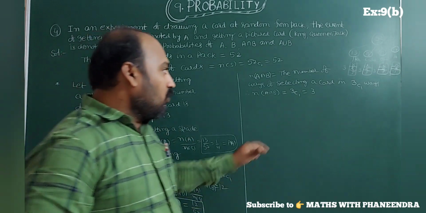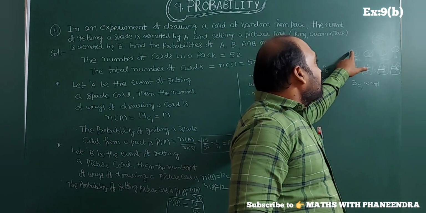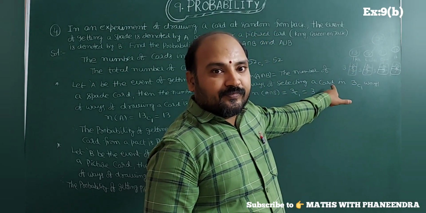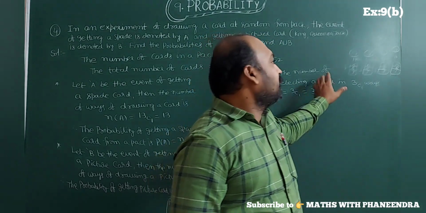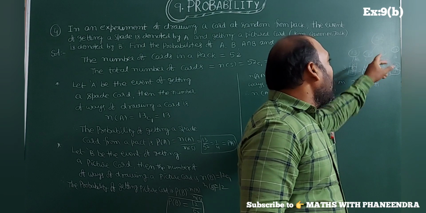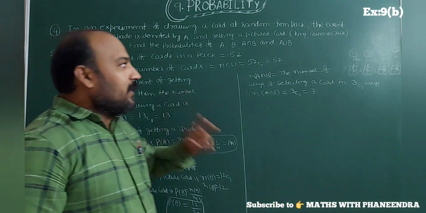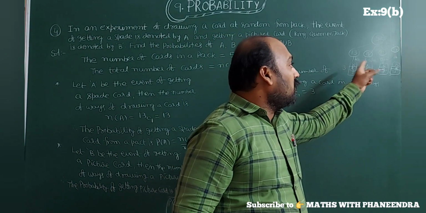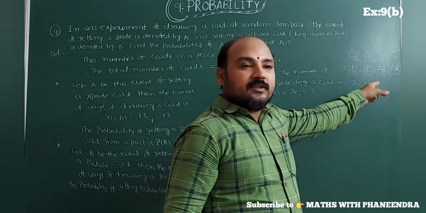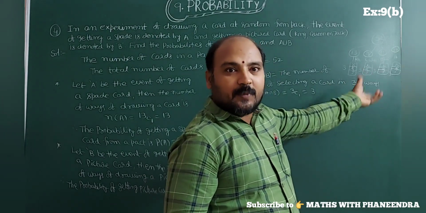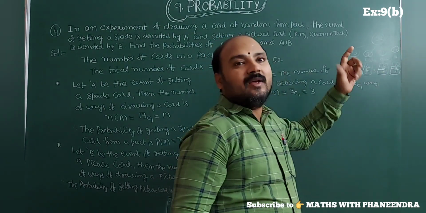Observe, dear students, how we are getting 3. In this 13, K, Q, J, 3 picture cards are there. In only B event, 12 picture cards are there. So that means 4 kings are there, 4 queens are there, 4 jacks are there. So all are picture cards, so these 3 will be common.